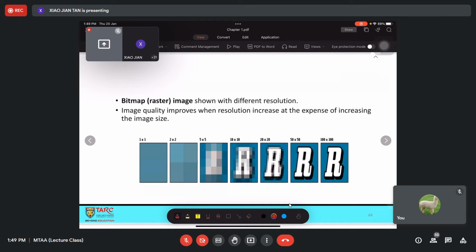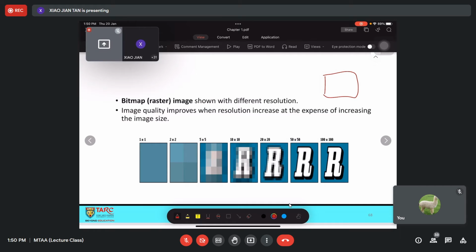A bitmap raster image is shown with different resolutions. Resolution is like on your computer, you can always change the resolution. But whenever you change the resolution, you may have a very weird display because the current resolution may or may not support the current monitor size.